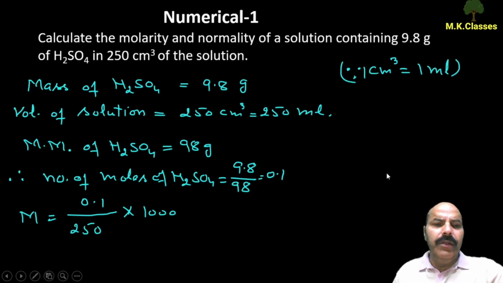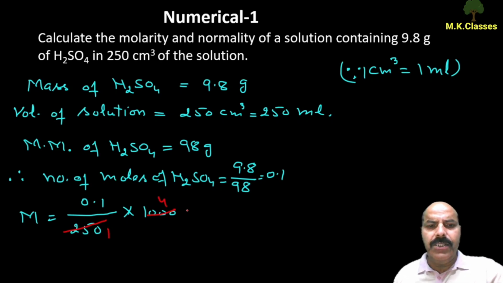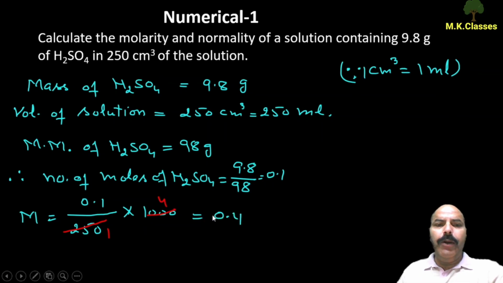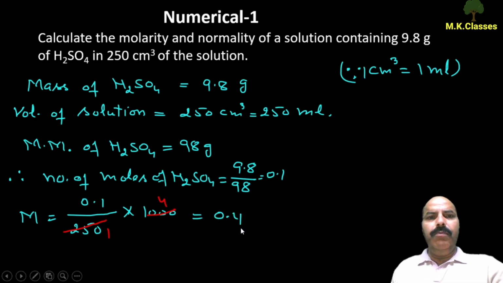So this molarity will be equal to 0.1 upon 250 into 1000, that is 4 by 10, just equal to 0.4. So molarity here is 0.4.